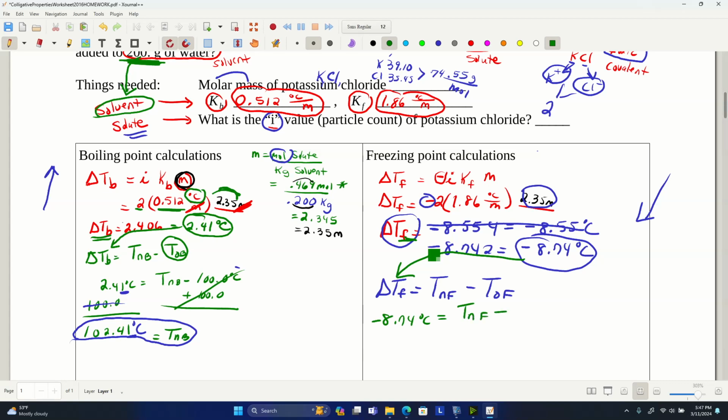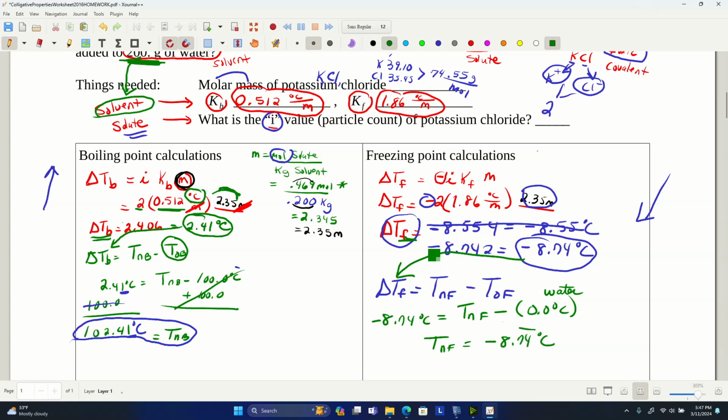The original freezing point of water is 0.0 degrees Celsius. If we were doing another thing like phenol, you would not have a 0 there. It's only because this is water. Okay? Now we just add 0 to both sides so that the new freezing point is a negative 8.74.